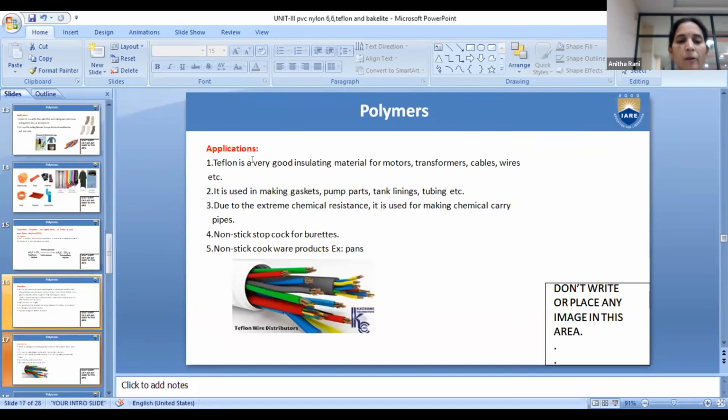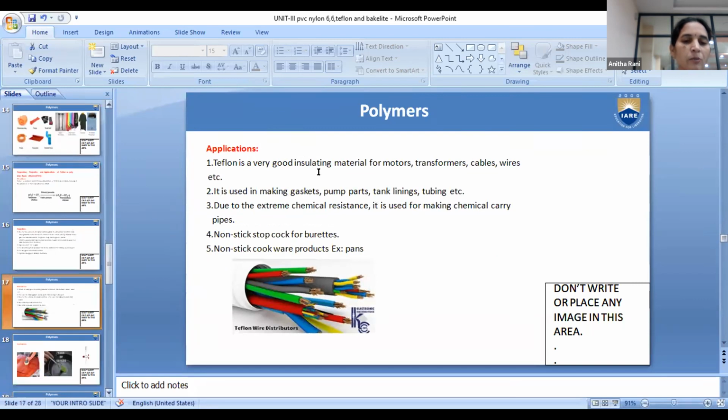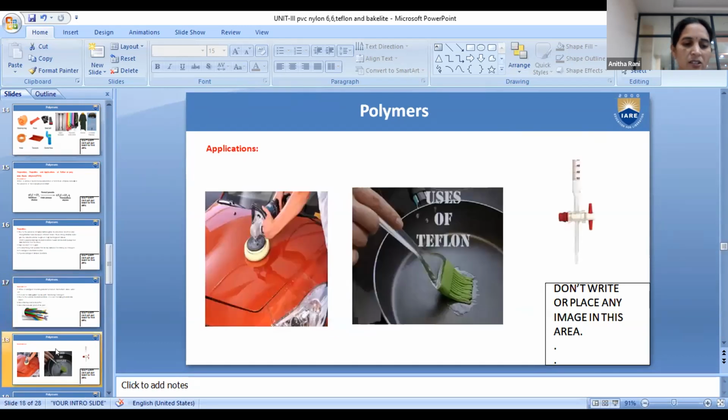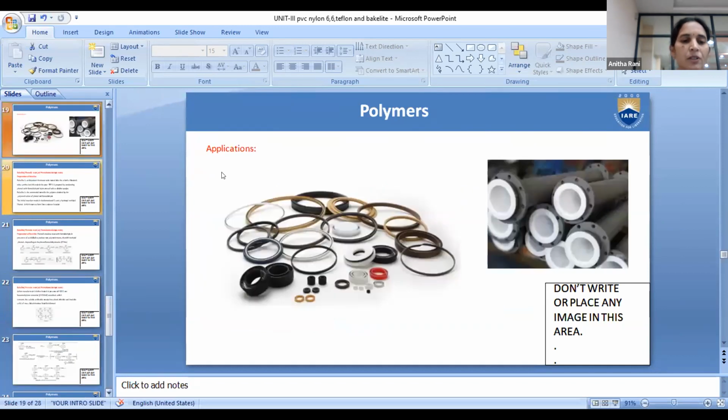Now applications. Teflon, since it has good electrical insulating property, we use in motors, transformers, cables, wires, etc. And also it is used in making gaskets. Students, we use it in our home pressure cooker; in that you can see the rubber gasket.